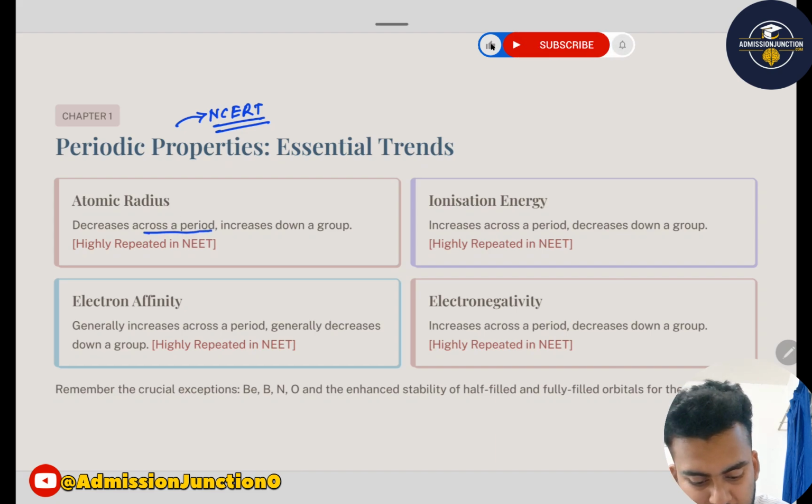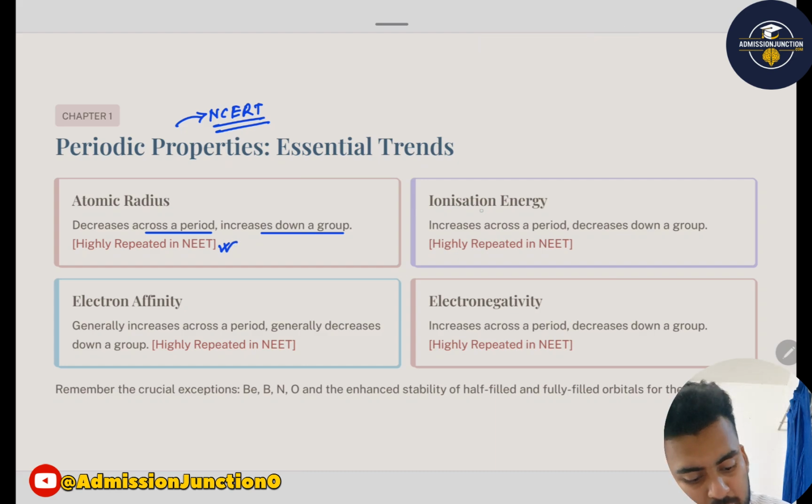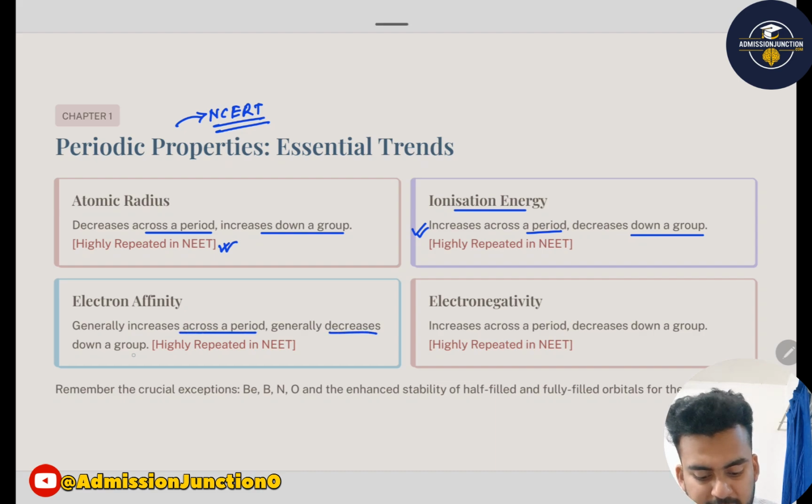Atomic radius decreases across a period and it increases down a group. This is very highly repeated in NEET examination. Then ionization energy. It increases across a period and decreases down a group. Okay, so there's a difference between it. One increases and one decreases. Then electron affinity. Generally, it increases across a period and generally it decreases down a group.